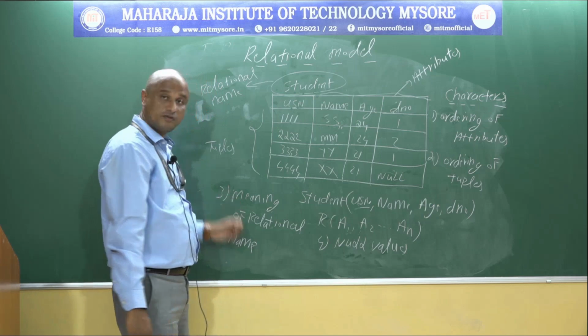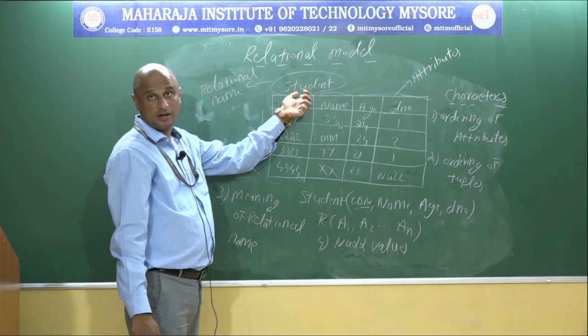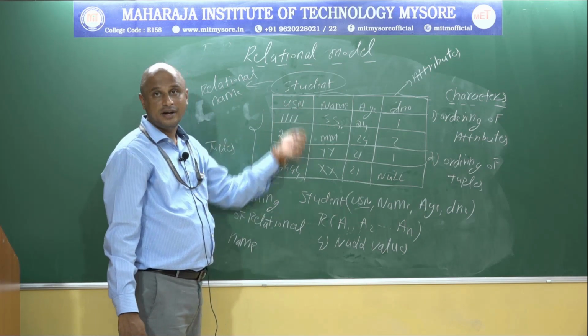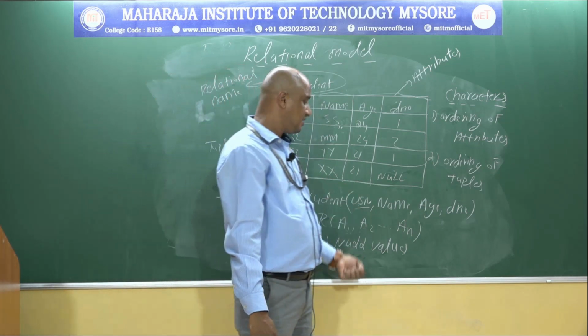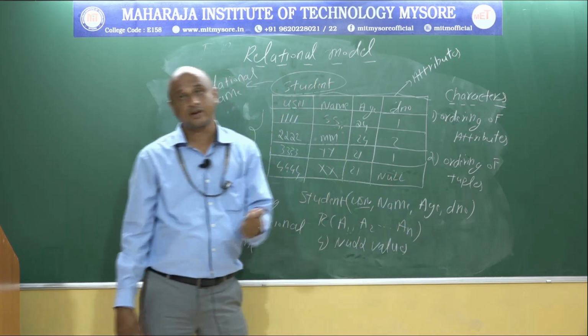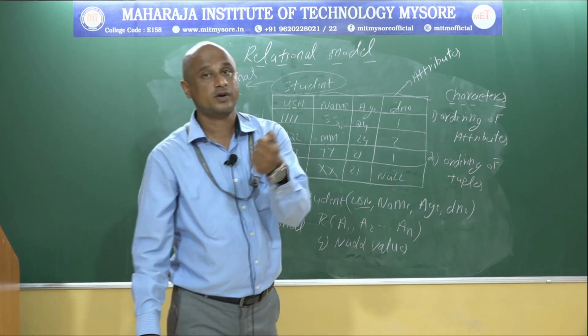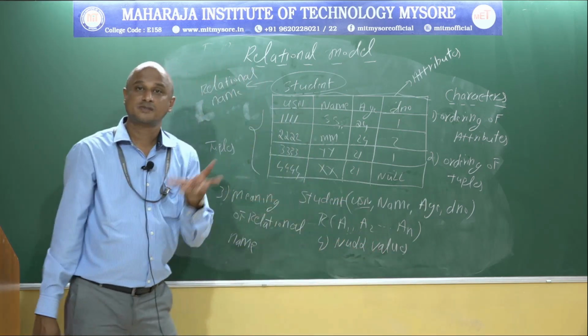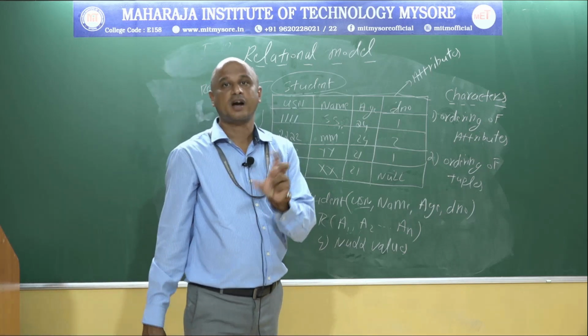Then the meaning of a relation: it must be meaningful with the relation name and the specified attributes. Then null values: whenever you are not able to find a value, you fill in null values, because leaving it empty requires a lot of space. So fill null values so that storage can be avoided.